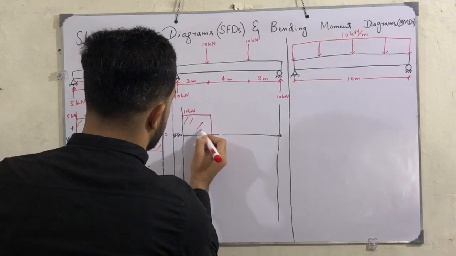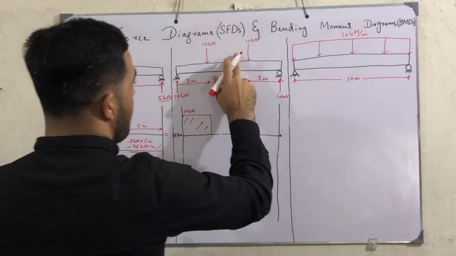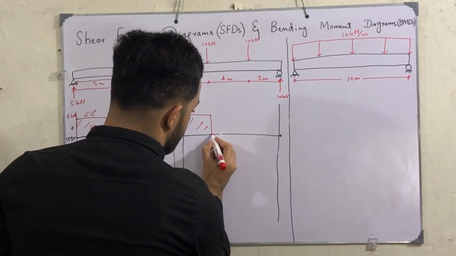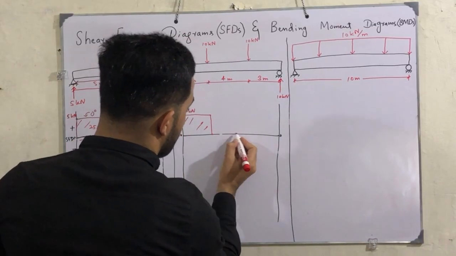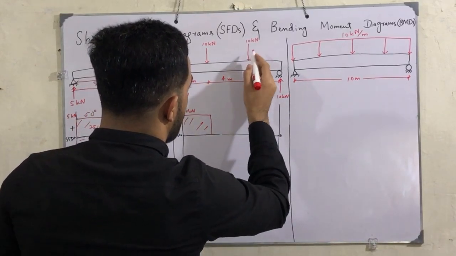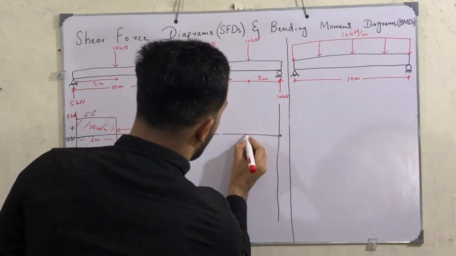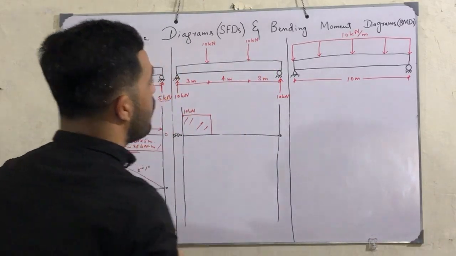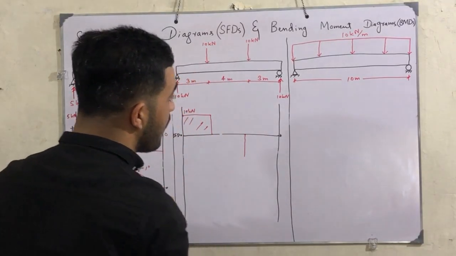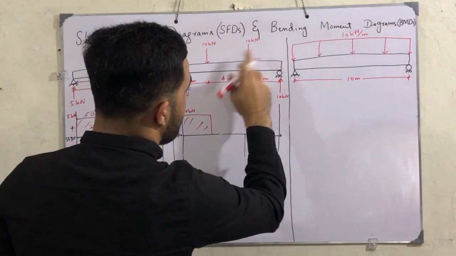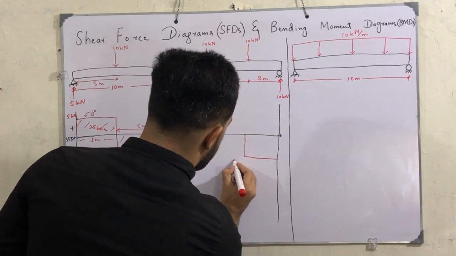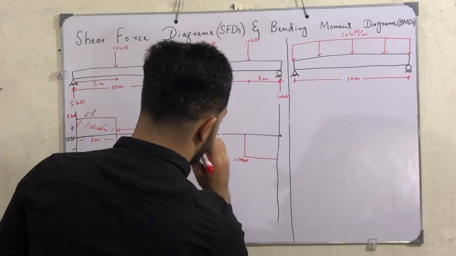So this gives us the shear force diagram, and again there is no loading, so the shear force is 0, so there will be a constant horizontal line, which means no loading and no shear force up to this point. And then at this point we have again a load of 10 kilonewton in the downward direction. So from here we go 10 kilonewton downward, then from here to here no loading, so the shear force line will go horizontally, at minus 10 kilonewton.